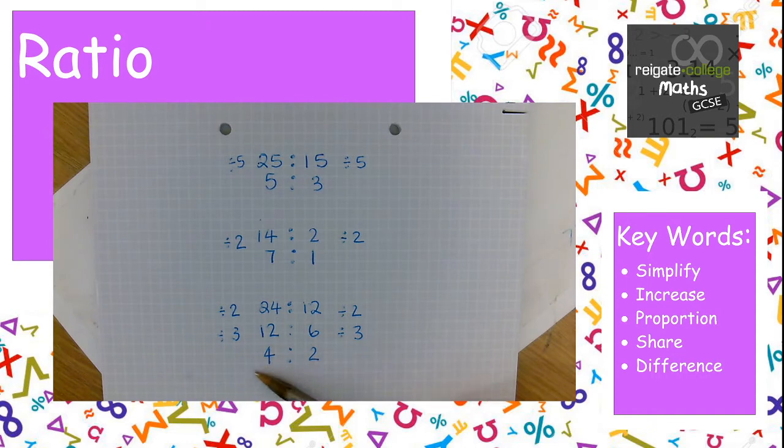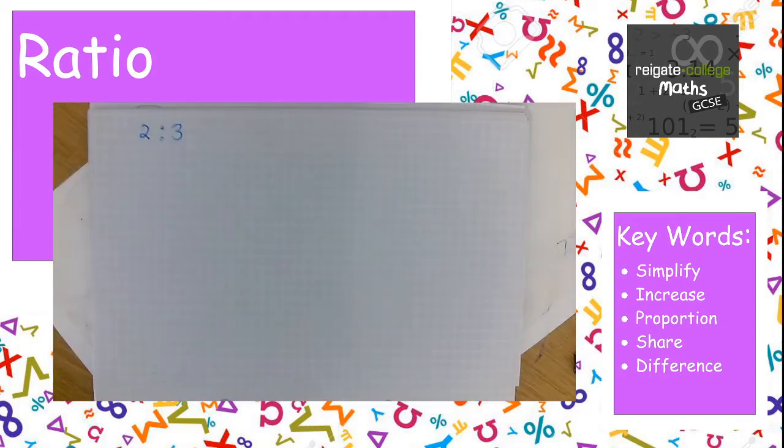But I still see these numbers can be made more simple. I'm going to divide by 2 again. 2's into 4 go 2, and 2's into 2 go 1. Here I have a ratio in its simplest form, 2 to 3.